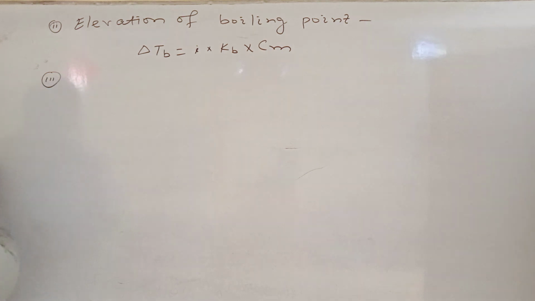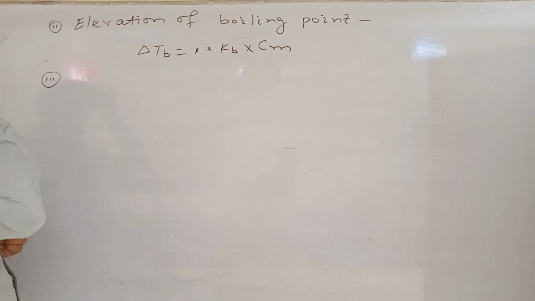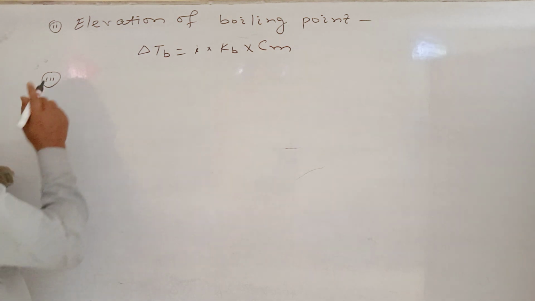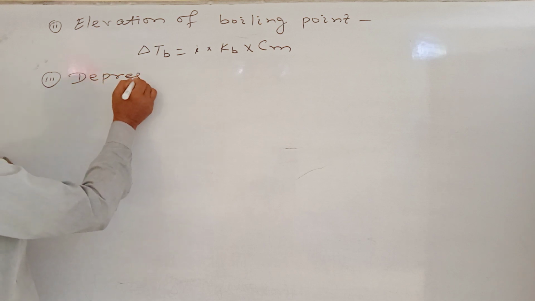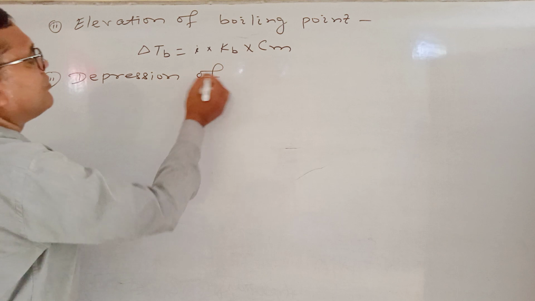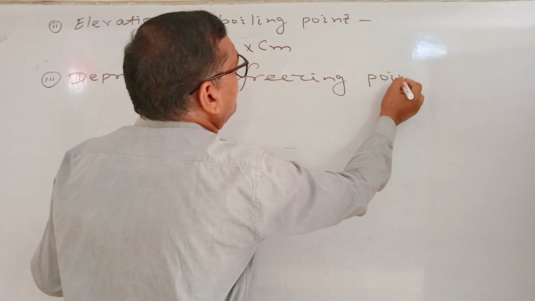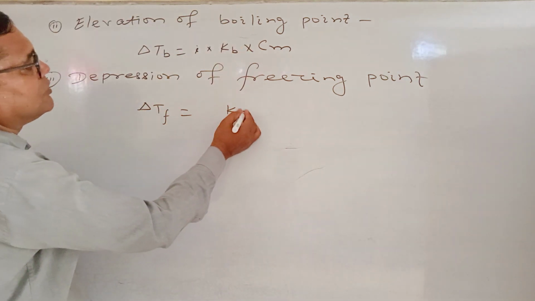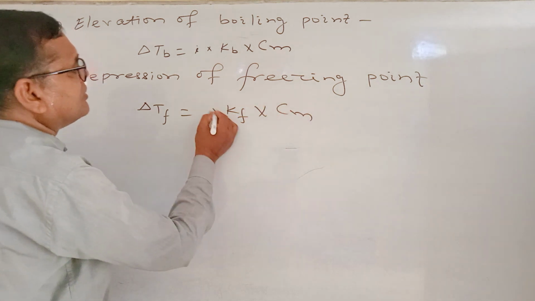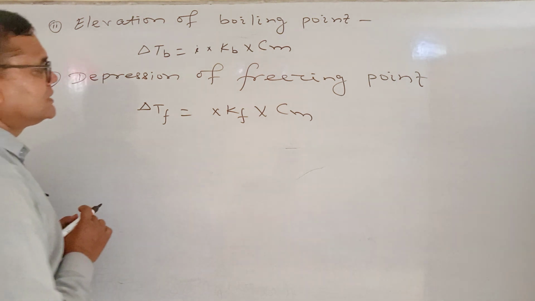We write the third formula of colligative property. Here we write the heading depression of freezing point. Here we write delta Tf is equal to Kf into Cm. But we write a modified formula in which i is present.